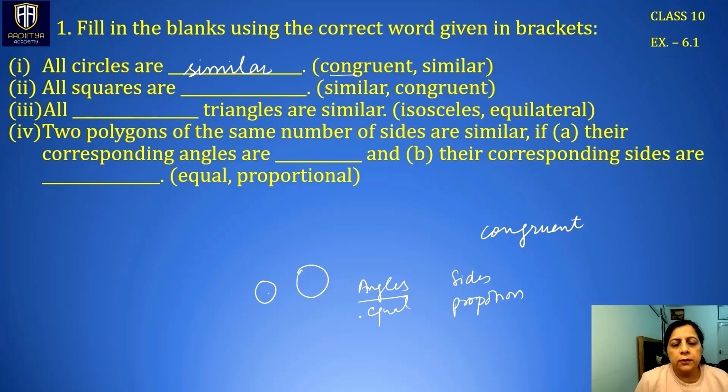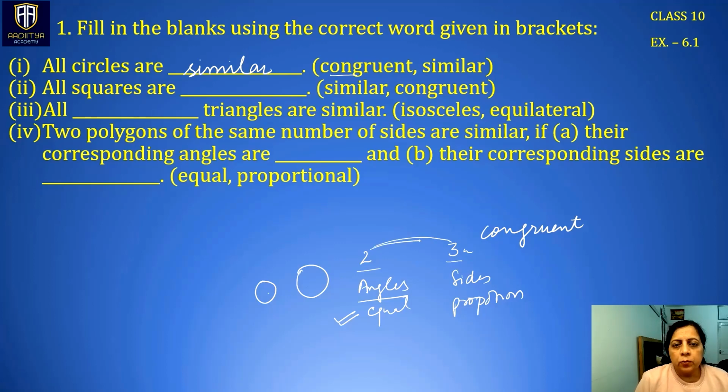So we know that in all the squares, all the angles are right angle. So this criteria is satisfied. And whatever their sides may be, if one square is having a side of 2 centimeter each, other may be having a side of 3 centimeter each, still they are similar because all the angles are equal.